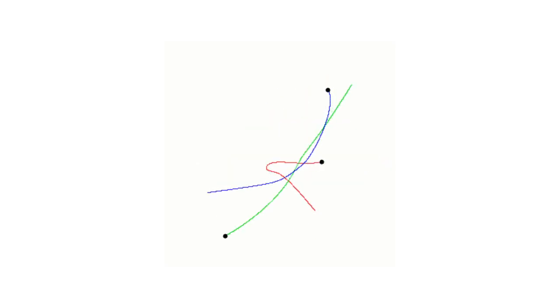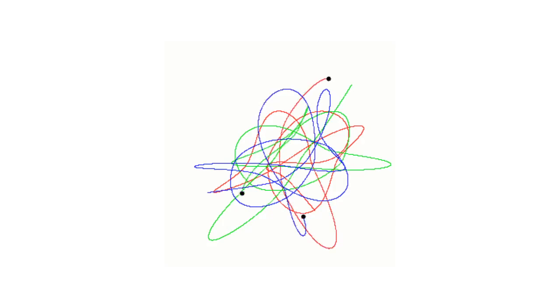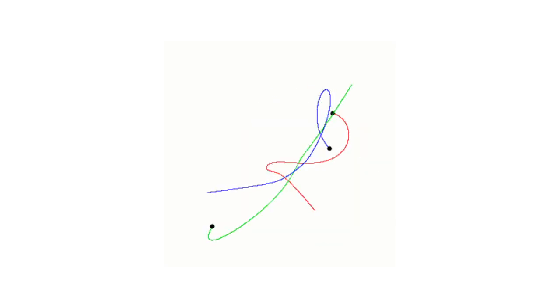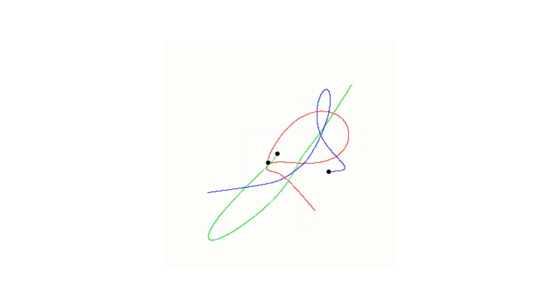it's really unpredictable. If you look at the motion of all three masses, this is a three-body problem where all these objects are gravitating towards each other. So their trajectory is what we call chaotic, very chaotic, because we cannot predict the trajectory.